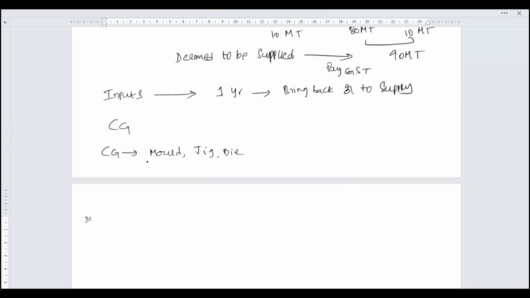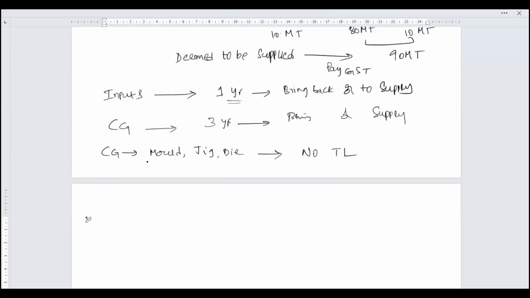Law says that from principal, it went to the job worker. I'll give you a time limit of 1 year, you bring it back or you supply from the job worker premises. In case of capital goods, they have given time limit of 3 years. They have given time limit of 3 years. For what? Either to bring back or supply. In case of mold, jigs, dies, no time limit. No such time limit.